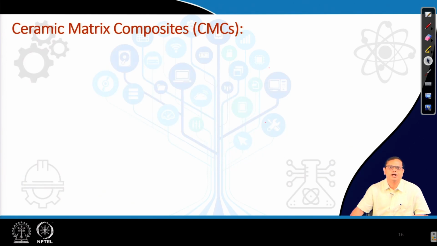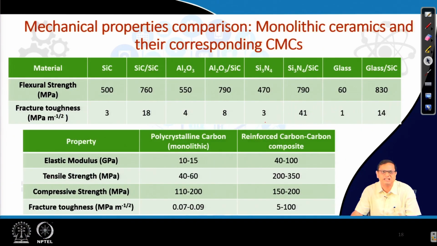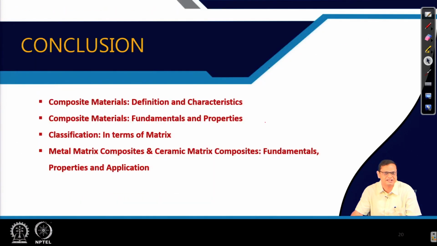Okay. So, with that we will end today's class, and then I will talk about the ceramic matrix composites in the next class. So, what have we discussed so far is what is composite material, the basic definition, and what are the basic characteristics of composite materials.